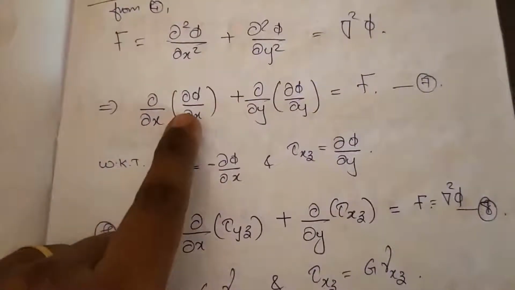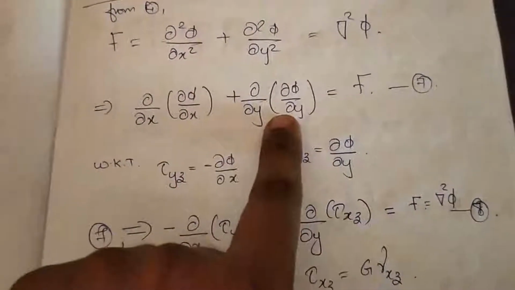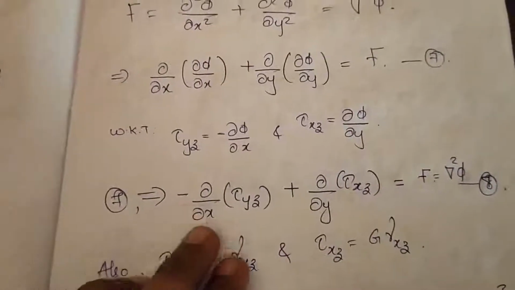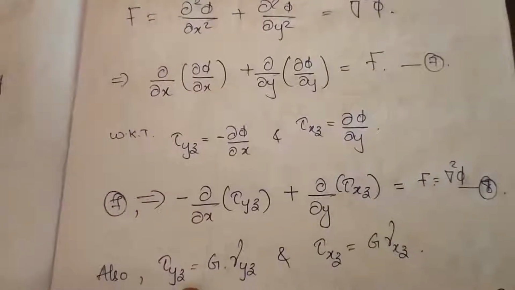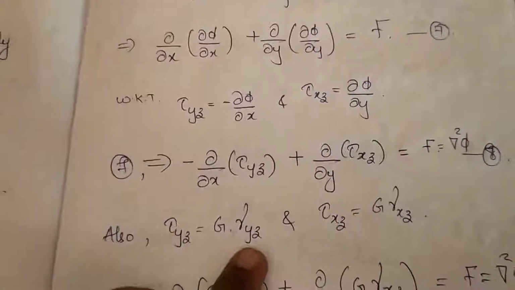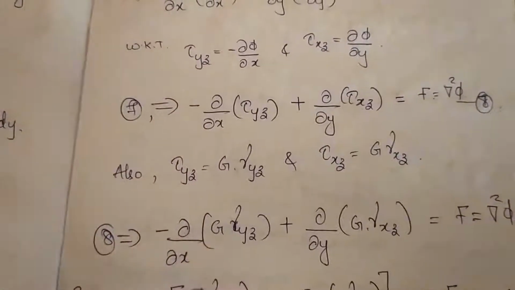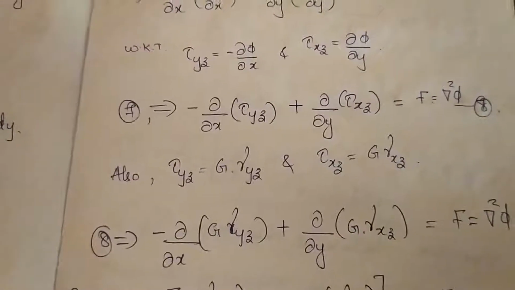So instead of dou phi by dou x, you are giving tau yz, and for dou phi by dou y you will give minus tau zx. That is a reverse process. So tau yz is G into gamma yz. Applying this in this equation, you will get this equation.